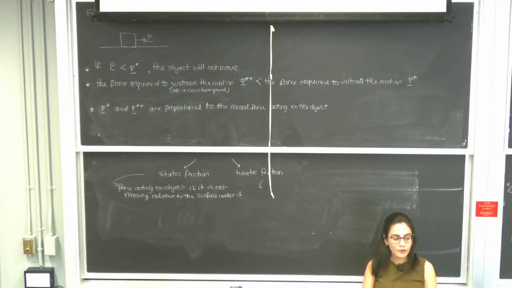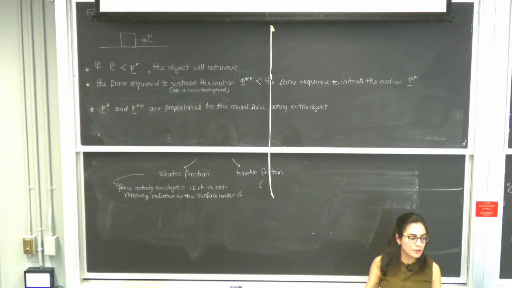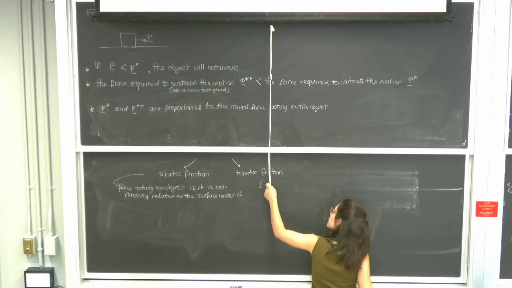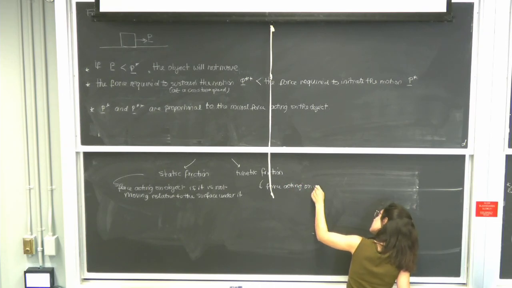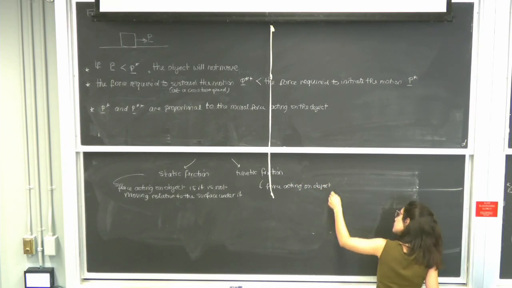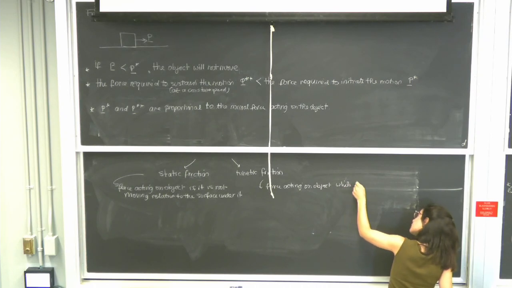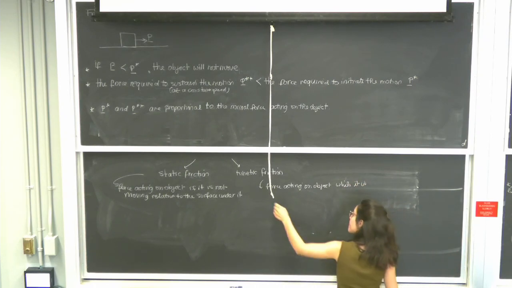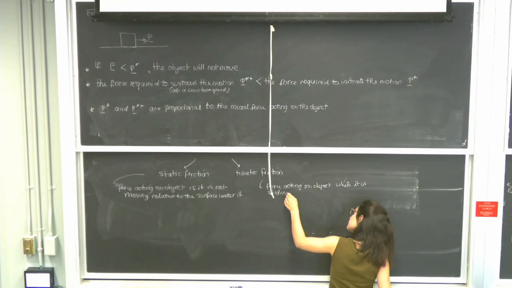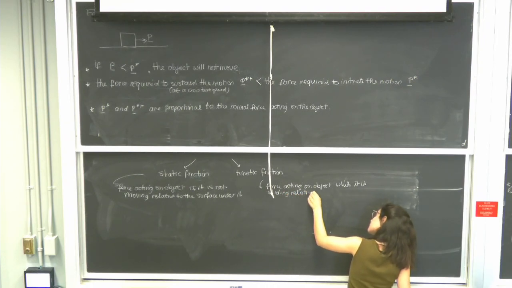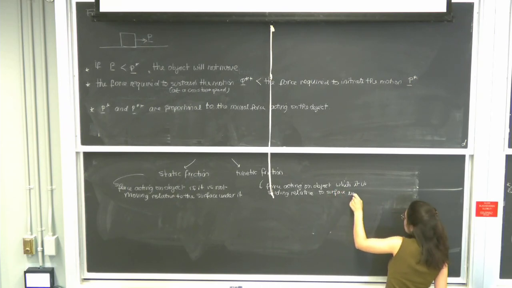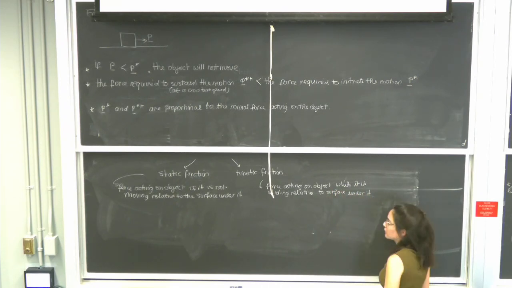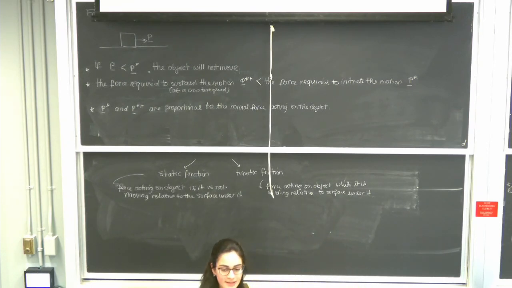Whereas the kinetic friction force is the friction force acting on the object while it's sliding relative to the surface under it. Does the distinction make sense?